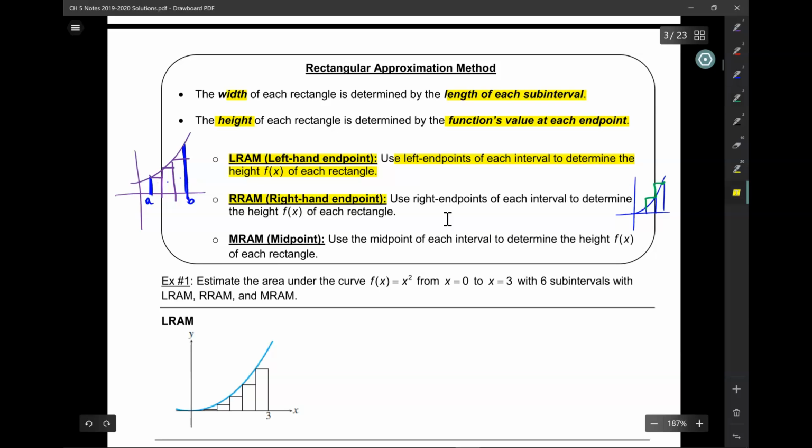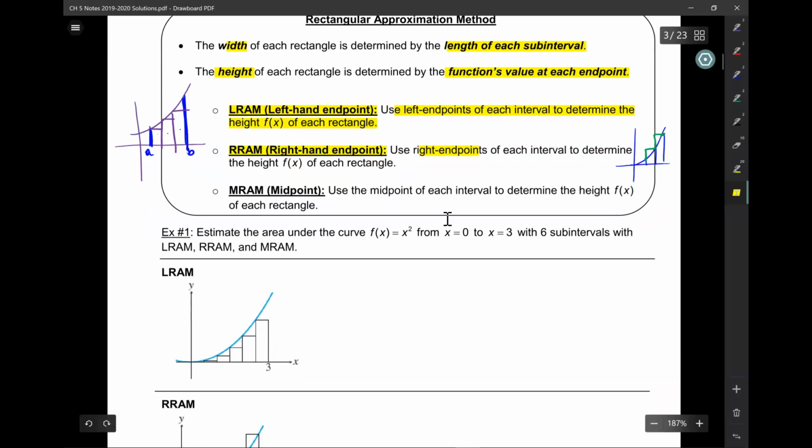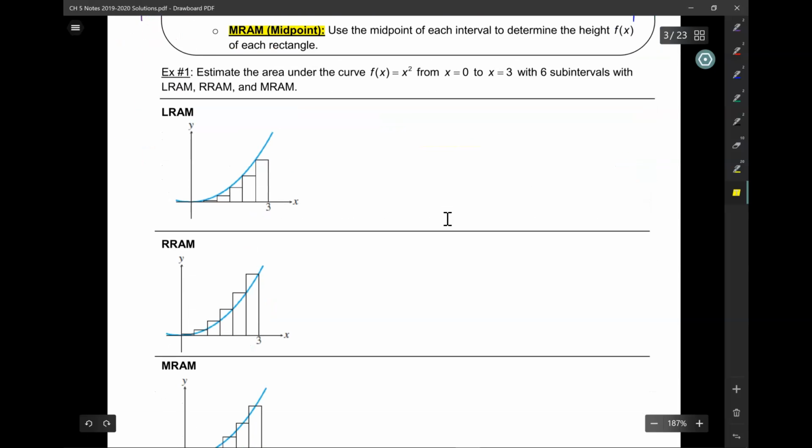That's RRAM. Or I could top it off at the midpoints of each of them. That's MRAM, midpoint. Okay, so let's do an example and then you'll see what we're talking about.